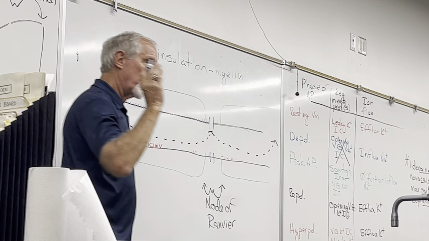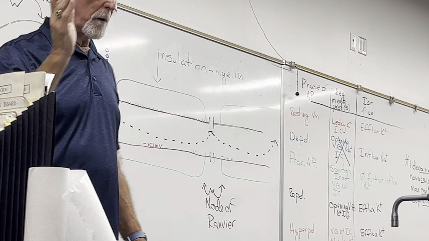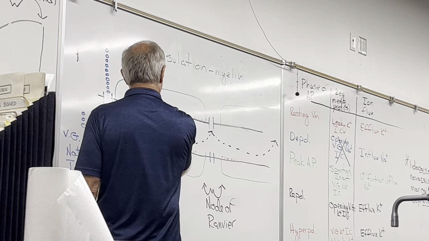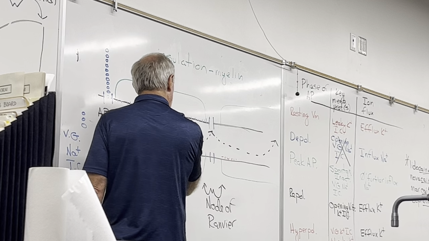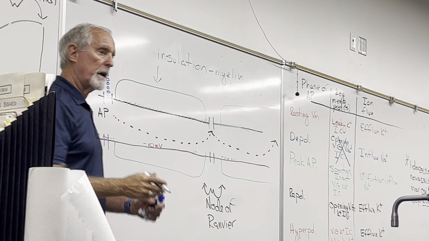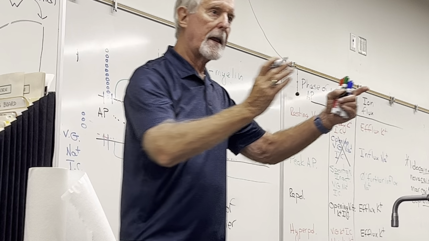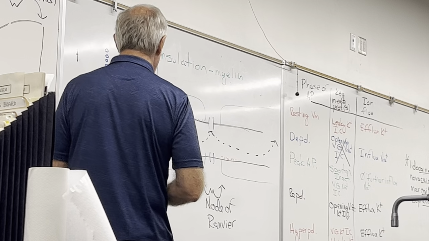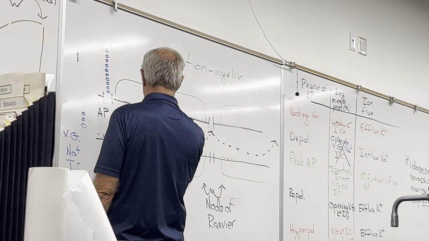So rather than this domino form of propagation, here our propagation has this skipping, where the action potential is able to skip down fairly large lengths of the axon. And this is called saltatory conduction.